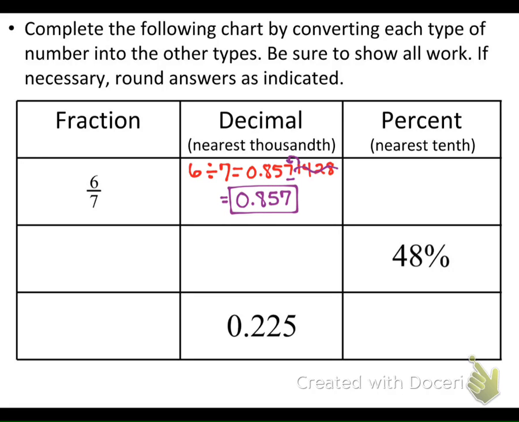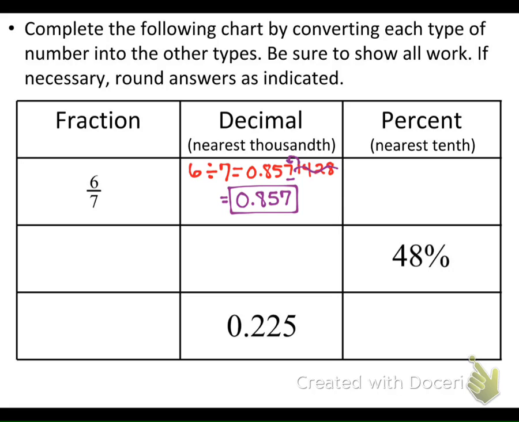Okay. Now, I'm going to take this decimal that I have, and I'm going to change it to a percent. How do I change a decimal to a percent? Nah, I can't just slap a percent on there. How do I change the decimal to a percent? I can move the decimal to the right twice, or I can multiply, not divide.